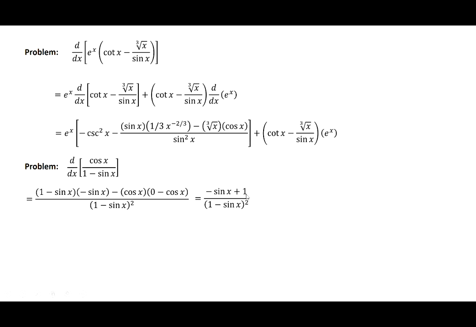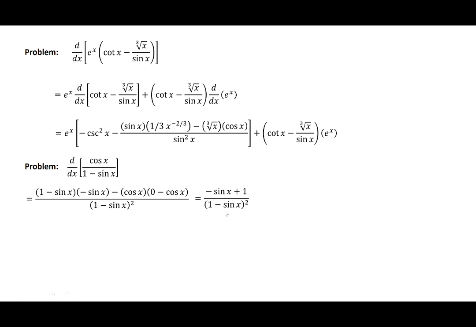Where did I get that plus 1 from? Check this out. 1 times negative sine x is negative sine x. Then minus sine x times negative sine x becomes plus sine square x. And here I have minus cosine x times negative cosine x, which becomes plus cosine square x. So there was a plus sine square x and a plus cosine square x, which adds up to 1. So that's why I wrote a plus 1 here.